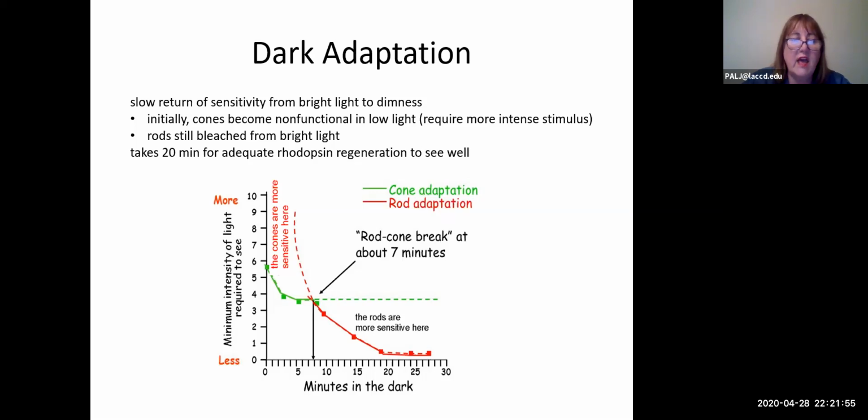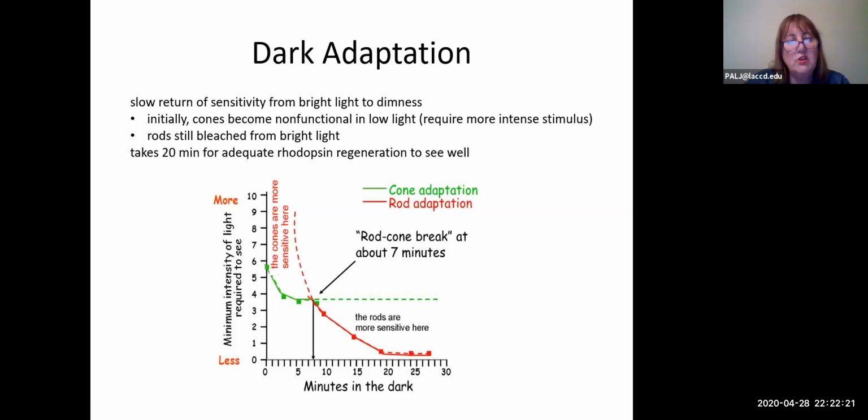So when we look at cones and compare them to rods, okay? Initially, what you're gonna see is the cones are becoming less functional because they need brighter light to stimulate them, okay? So if you're sitting in a room with bright lights at time 0, then you turn off the lights, okay?